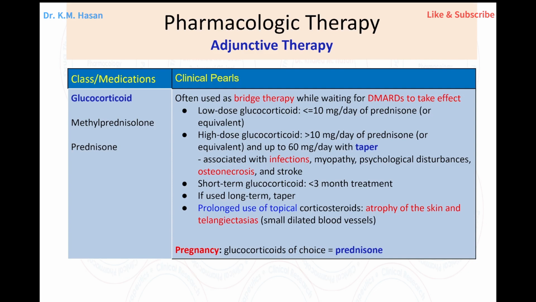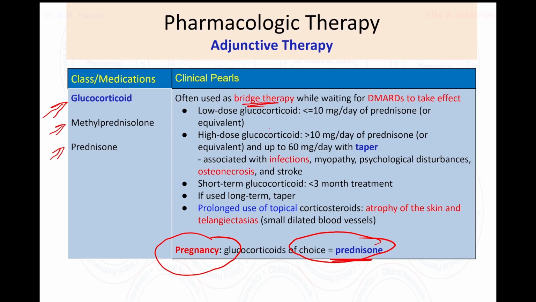Okay, pharmacotherapy. We can use a glucocorticoid as symptomatic treatment. We have methylprednisolone, we have prednisolone. We remember that during pregnancy, the drug of choice will be prednisone. We can use it as bridge therapy. What does that mean? When you prescribe the DMARD to your patient, it will take at least a few weeks, or sometimes 2 months, to start working.